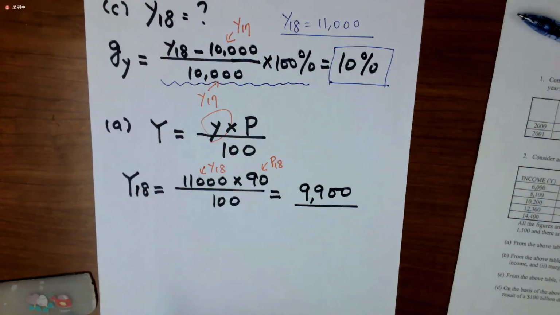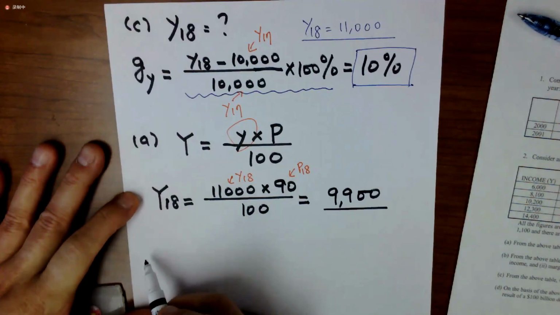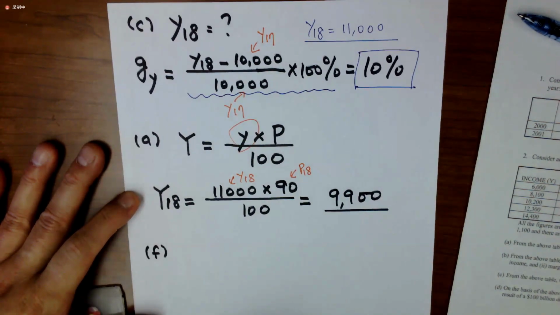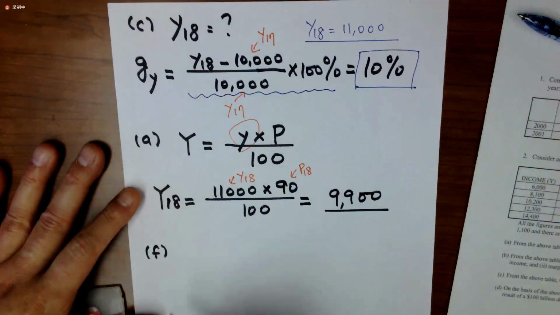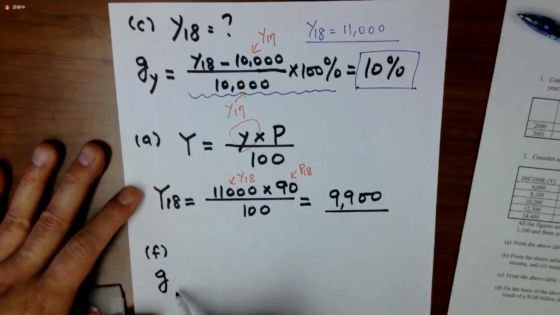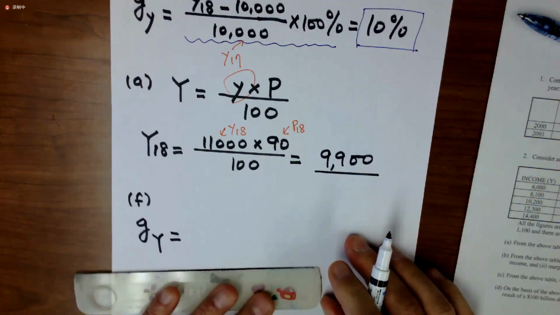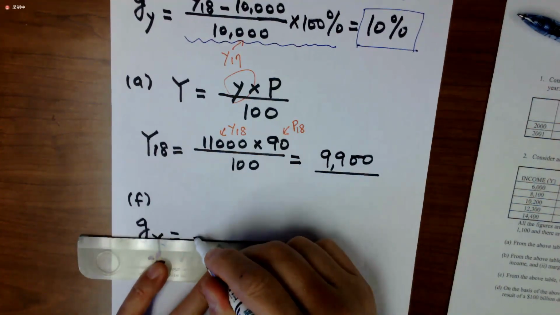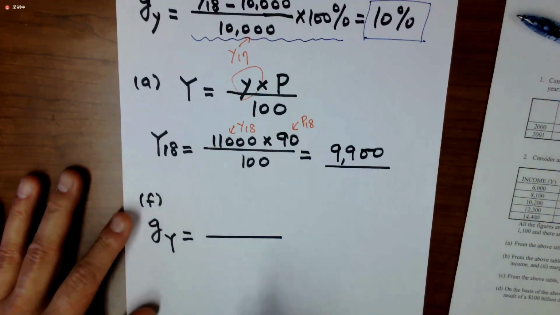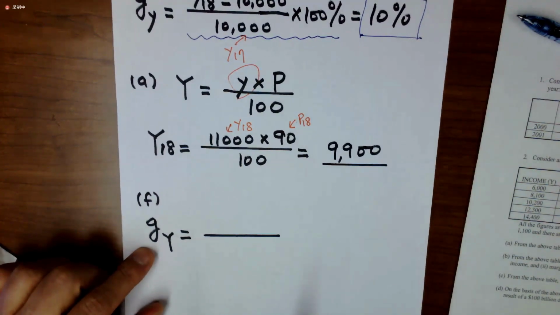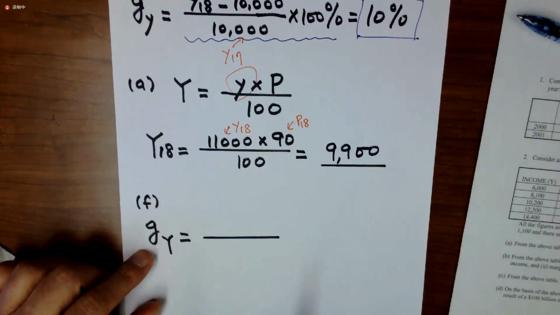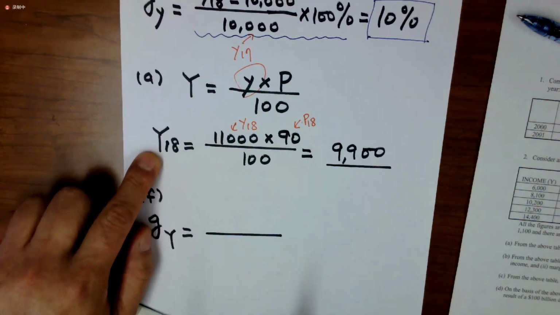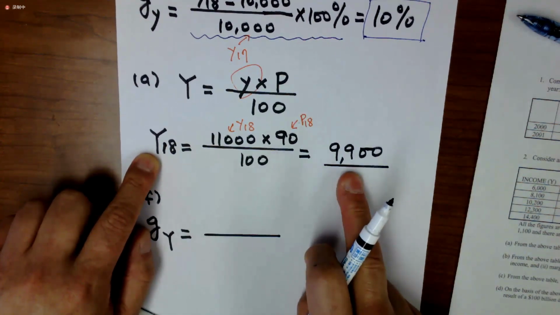Mm-hmm. What is my final part? The final part is asking, what is the growth rate of nominal GDP? You say, oh, here we go. New minus old divided by old. So do I have the new nominal GDP for the year of 2018? Yep.